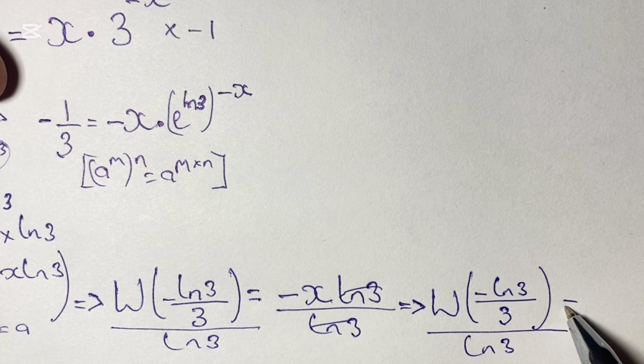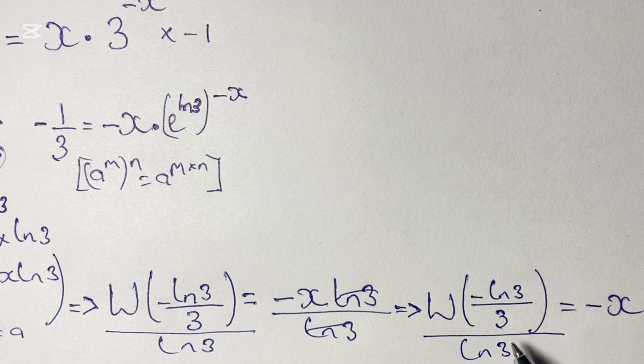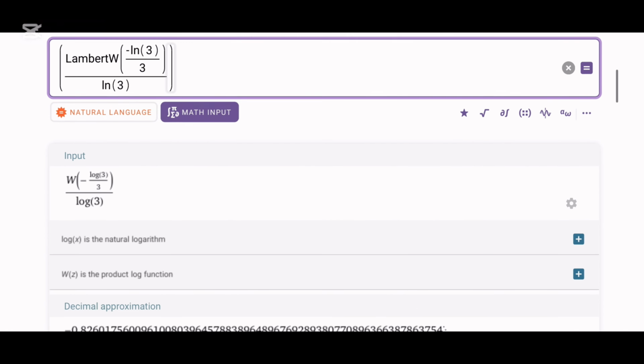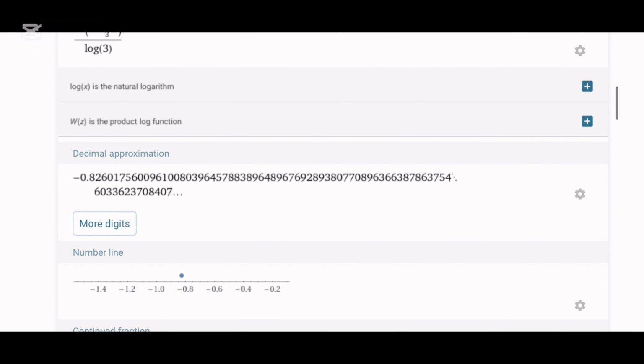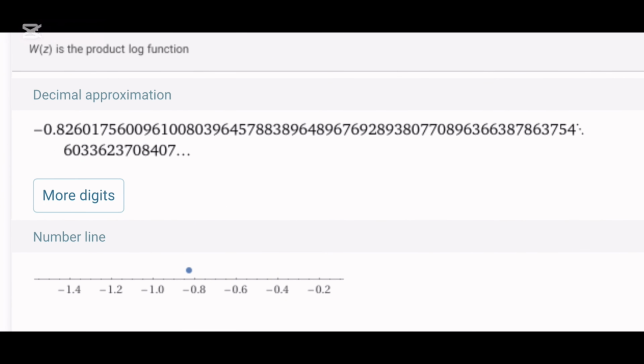And this is equal to negative x. And now to solve this expression that we have here on the left, we can use this calculating tool from Wolfram Alpha, and here plugging this into our calculator, we get our value approximated.